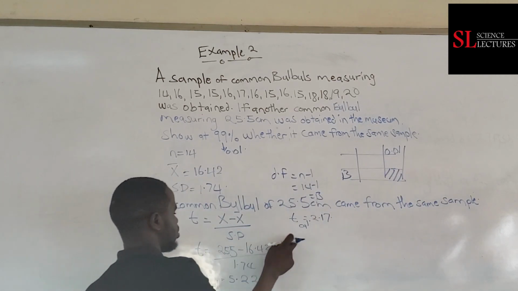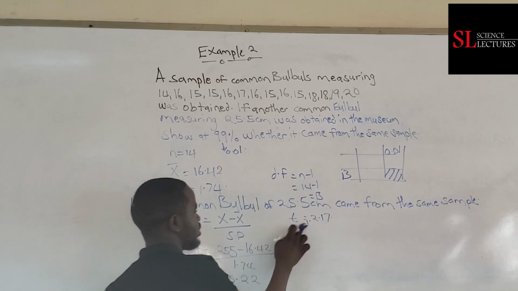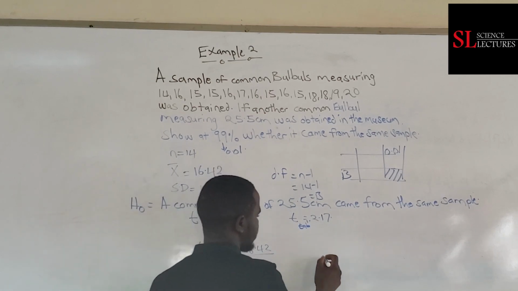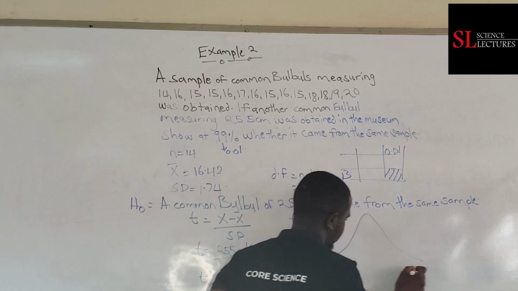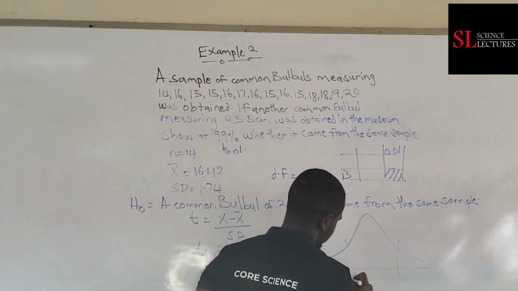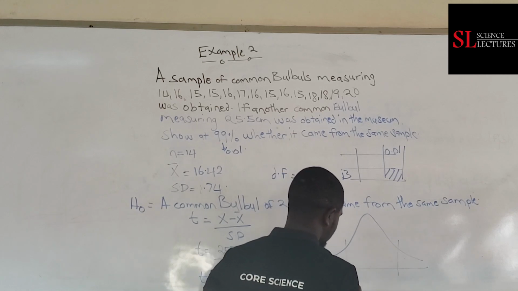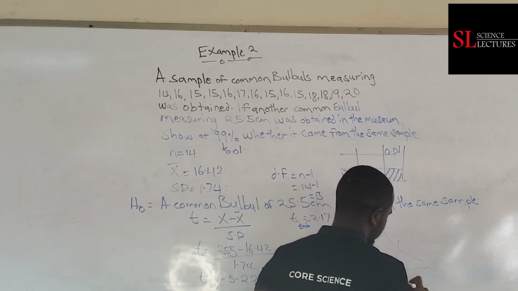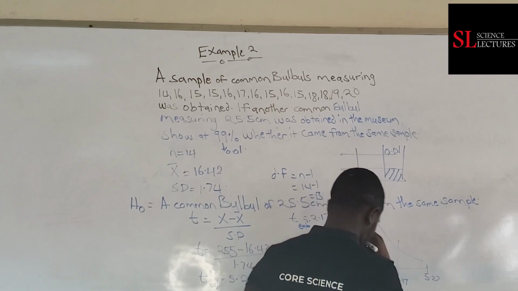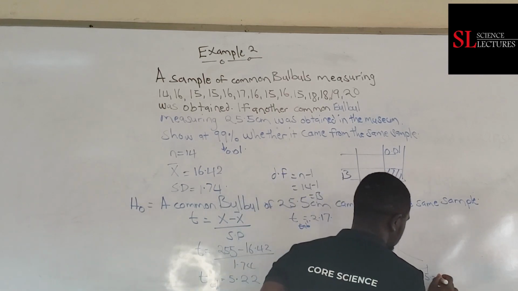So this is my tabulated value, and this is my calculated value. If I draw my distribution curve, my critical value is 2.17, and on the negative side, minus 2.17. Then I have 5.22.